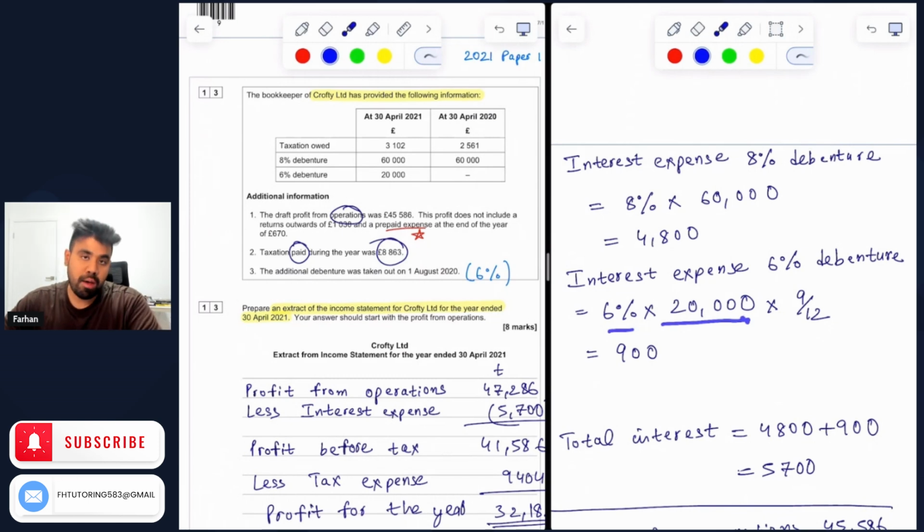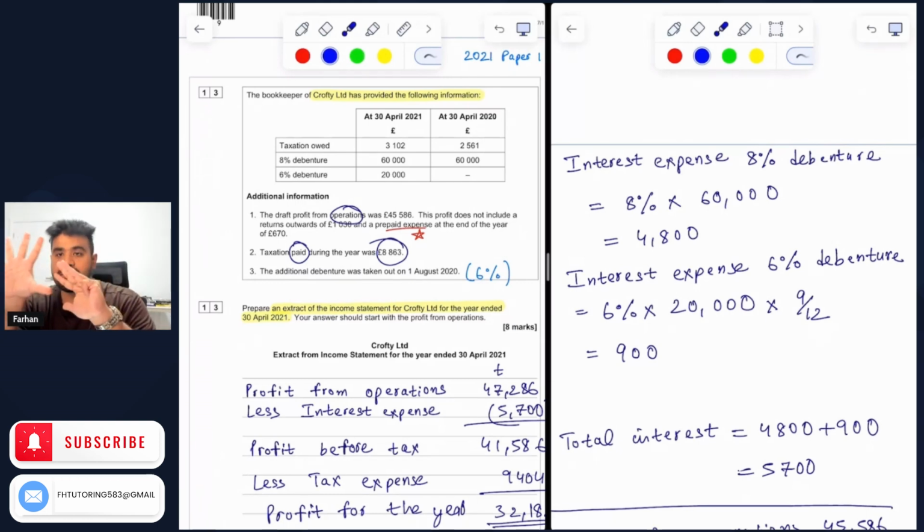But if you remember, the question says that the loan was taken out on 1 August 2020. So from 1 August 2020 until the end of the current financial year at 30 April 2021, how many months have passed? So we have August, September, October, November, December, and then we have January, February, March, and April.